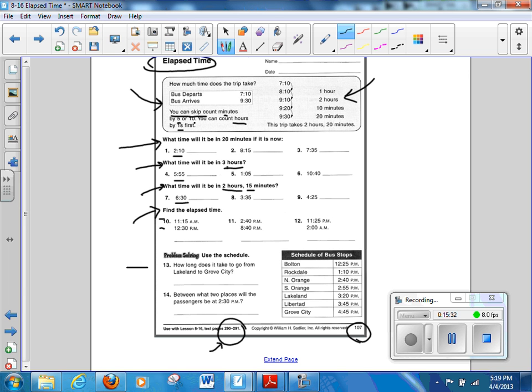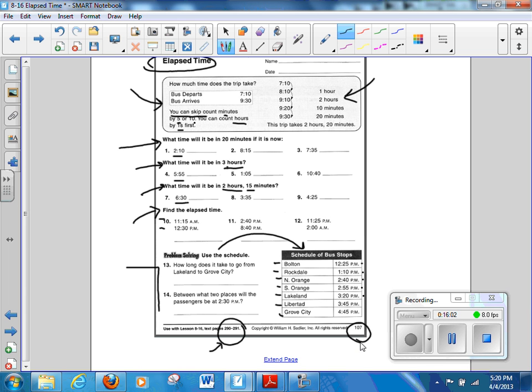Problem number 13 and 14 is our problem solving for the day, and it's going to be using this schedule of bus stops over here. If I take a look at the schedule, first of all, it would be a good idea just to read. I've got all these names here: Bolton, Rockdale, North Orange, South Orange, Lakeland, Libertad, Grove City. If I get on a bus, it must mean that it stops at these times in those places.